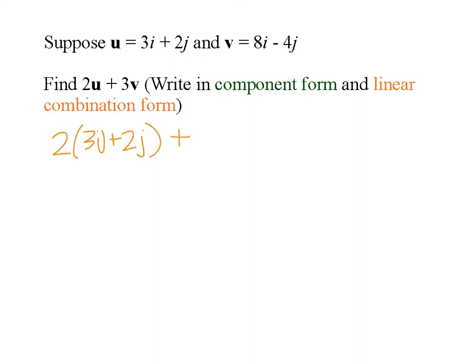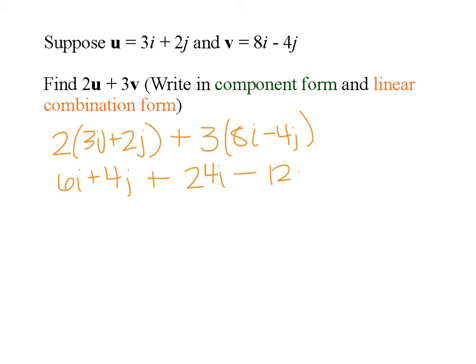And then 3v is just going to be 3 times 8i minus 4j. So if we distribute, the 2u is going to be 6i plus 4j. 3v is going to be 24i minus 12j.